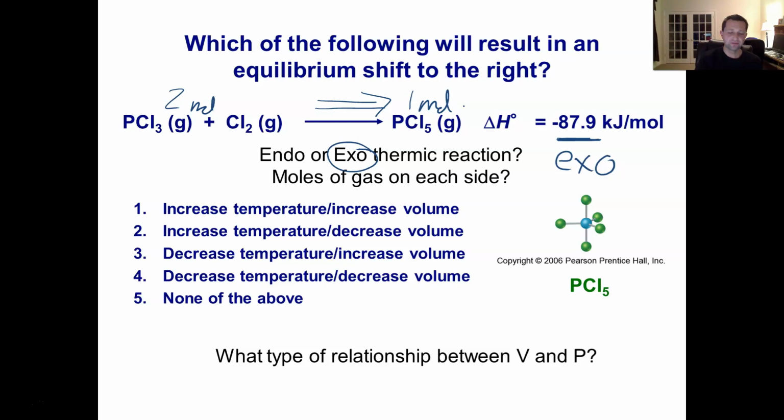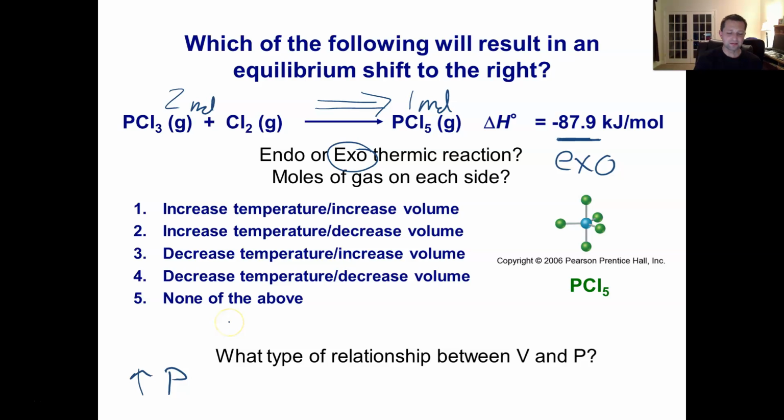If I want to shift the reaction to the right, that means I'm going from 2 moles of gas into 1 mole of gas. So if I shift to the right, that means the stress I placed on the system was an increase in pressure, because it forced my system to go to the right, which is fewer moles of gas.